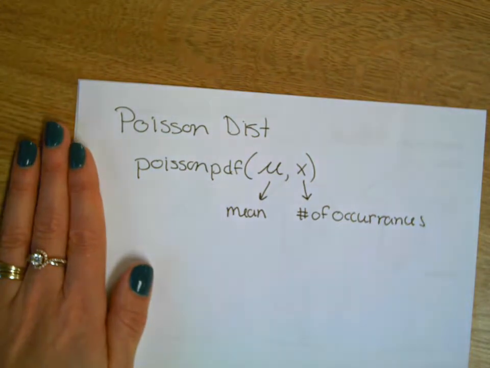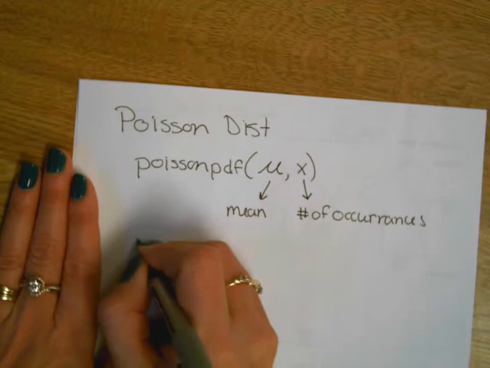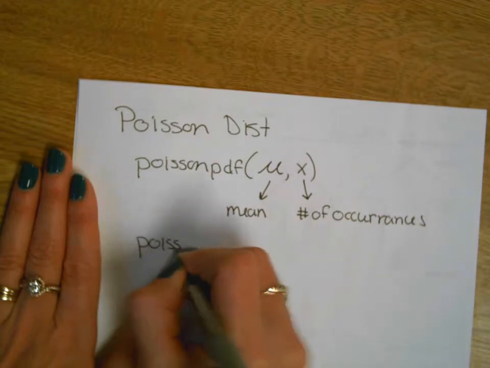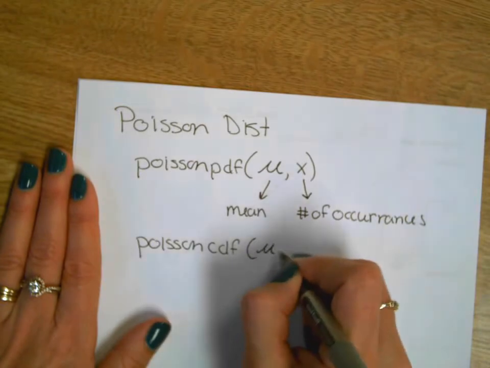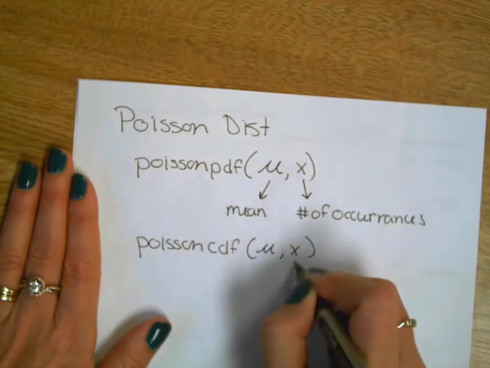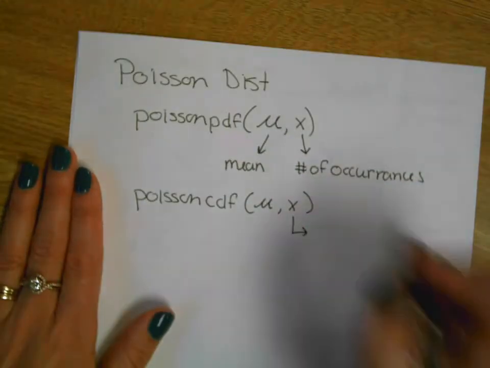That will give us the one probability. And then the Poisson CDF. And again, this will add starting from 0 occurrences through whatever x number you put in.